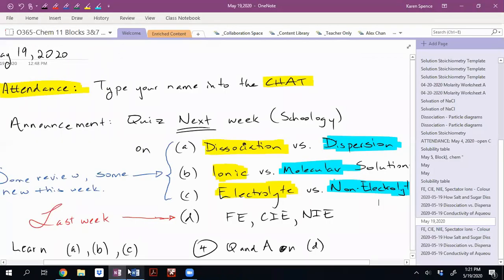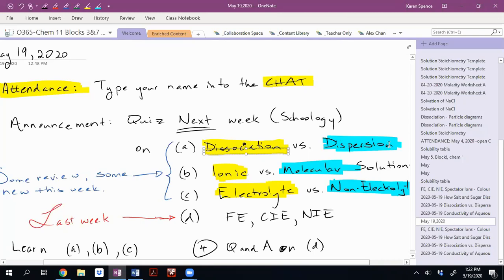Okay, so what can we do with all of this? Well, we have learned the difference between dissociation, which is what ionic compounds do, and what acids do, and dispersion, which is what the iodine did and what the sugar did. The molecules stay intact, but they separate from one another.